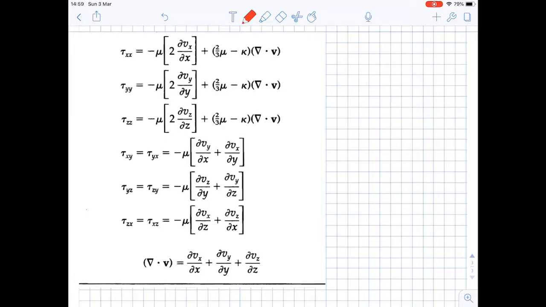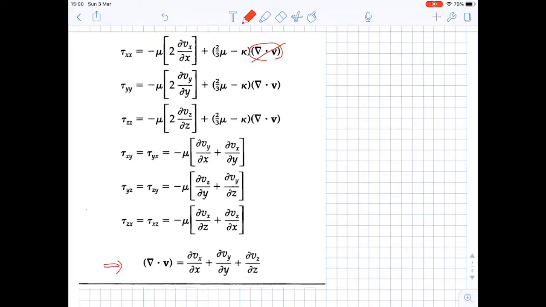Now, since our liquid is incompressible, according to what we discussed in chapter 3, for incompressible fluid, del dot V is supposed to be 0. Or I can prove it to you here.